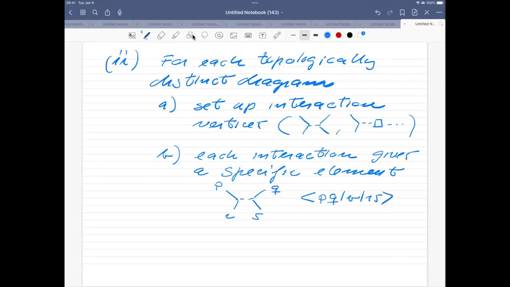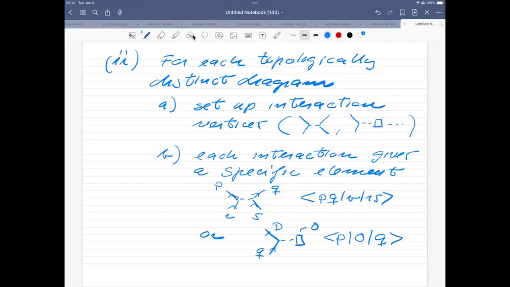And this can be anti-symmetrized or not. Or alternatively, we could have a term like this one, where we just label this as an operator, and this has a state p and a state q. So this would be <p|o|q>, an integral defined by this specific operator.